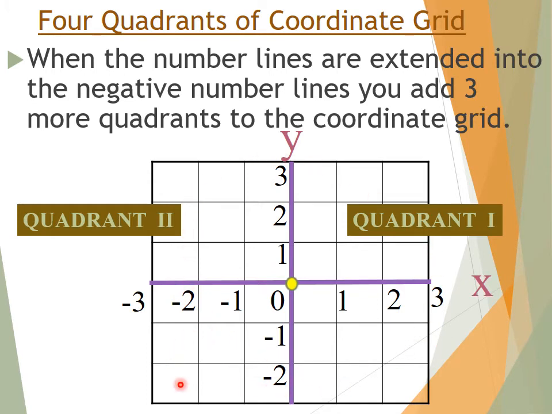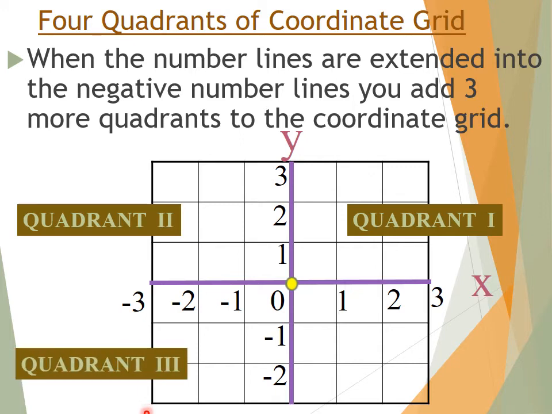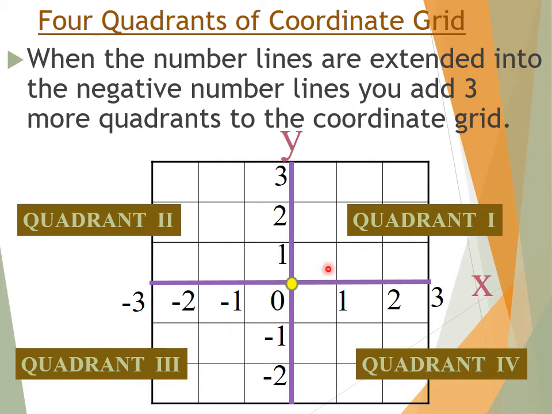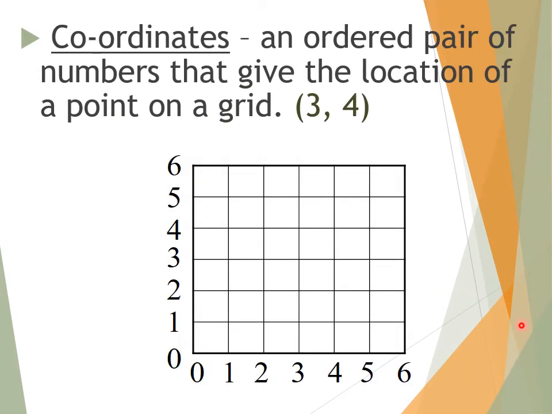So the bottom left corner is known as quadrant 3 or the third quadrant, followed by the fourth quadrant on the bottom right corner. So these are the names that we have to remember. Whenever we say the first quadrant, you have to remember this is the first quadrant. Whenever we say the third quadrant, it is on the bottom left corner of the grid or the graph.